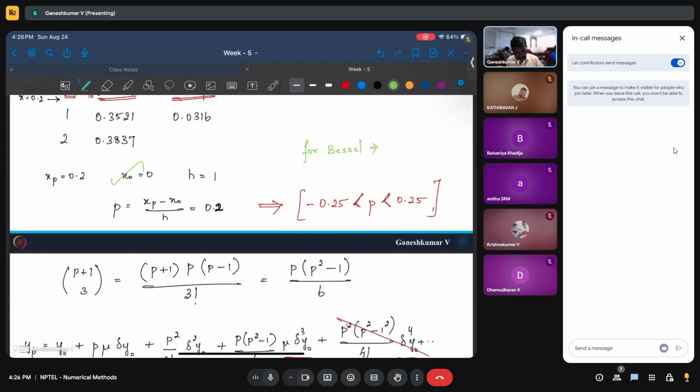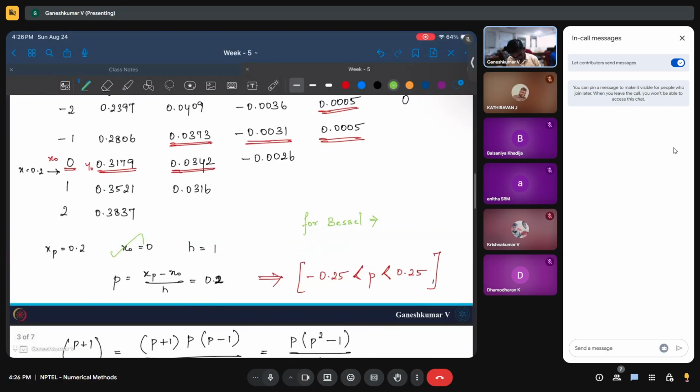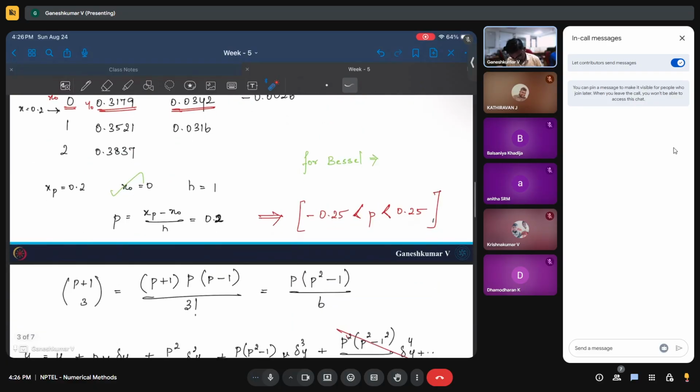So you may need to choose a different x naught. I guess x naught to be 1. Then you will end up having this interval. For Bessel, it's 0.25 to 0.75.